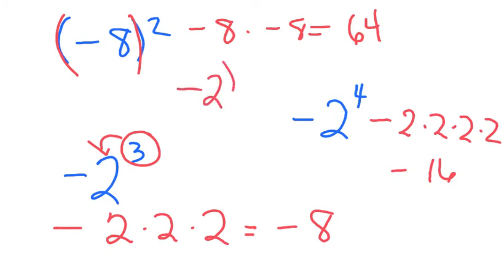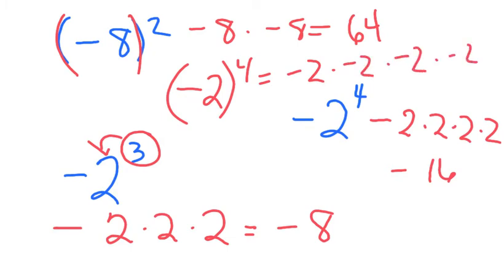If I had that in parentheses to the 4th power, that would mean -2 times -2 times -2 times -2, and that would be positive 16, because a negative times a negative is a positive. Times another negative is a negative. Times the last negative is positive. So the answer to that would be 16. It would be positive. So the parentheses matter a lot.